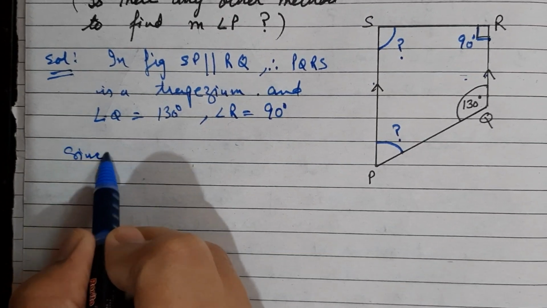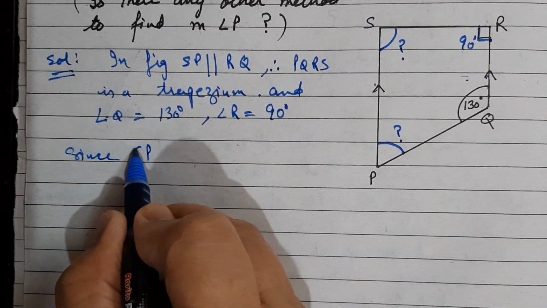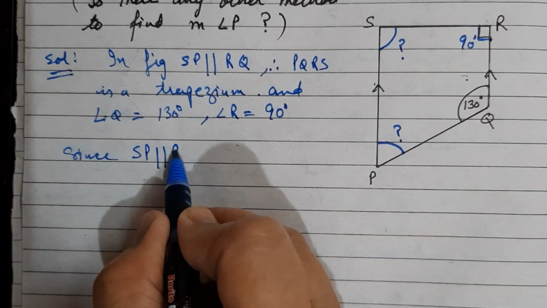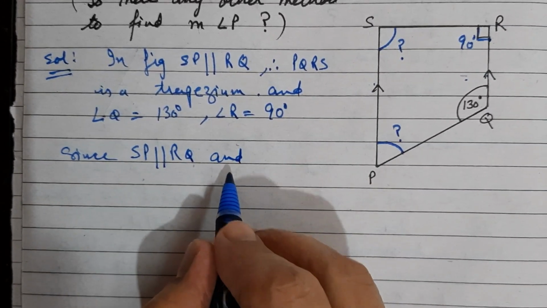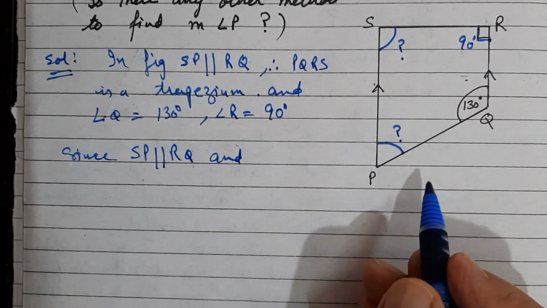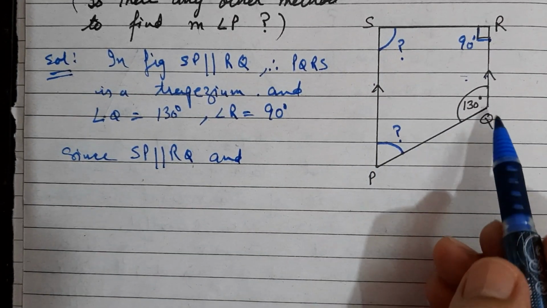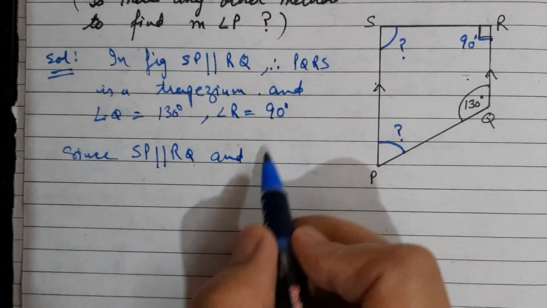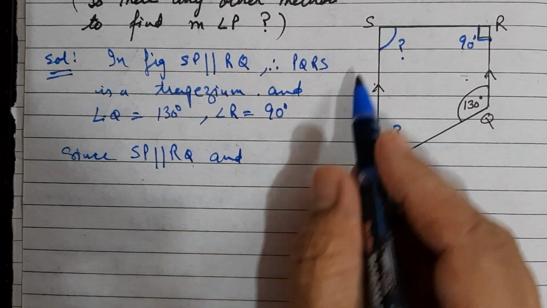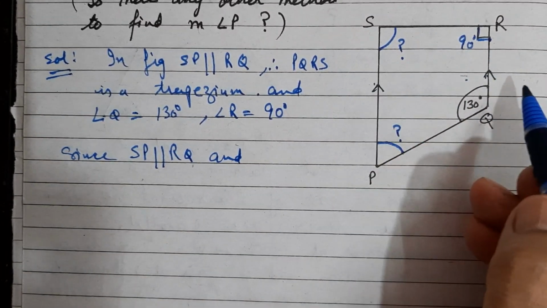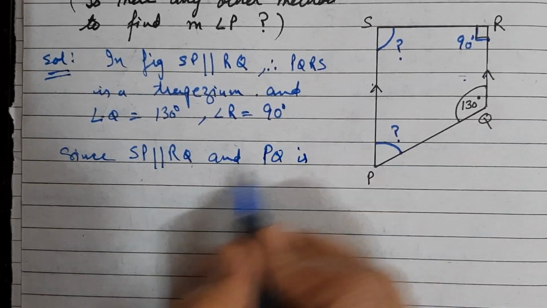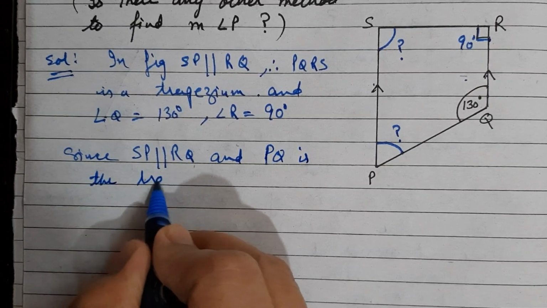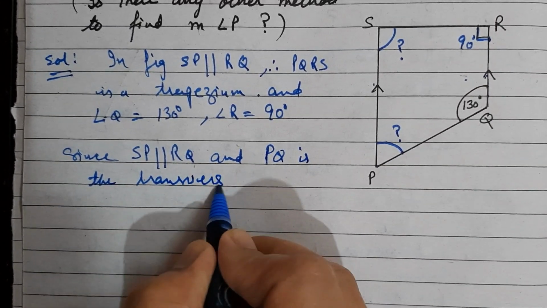Since SP is parallel to RQ and PQ is the transversal.